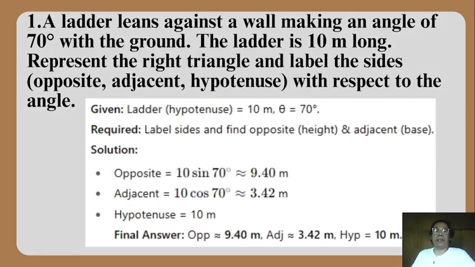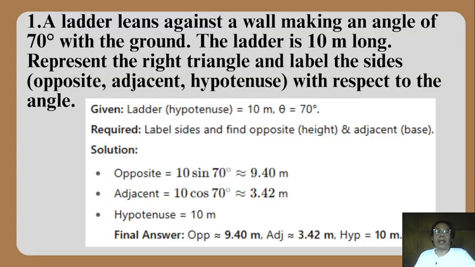A ladder leans against a wall, making an angle of 70 degrees with the ground. The ladder is 10 meters long. Represent the right triangle and label the sides, opposite, adjacent, hypotenuse with respect to the angle.